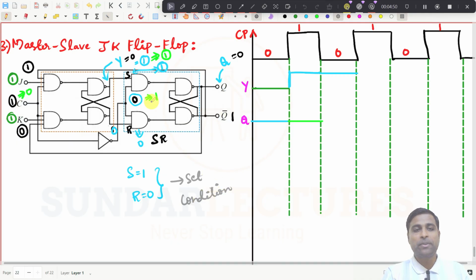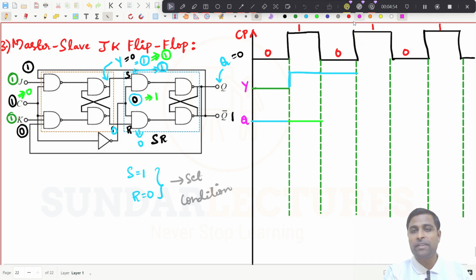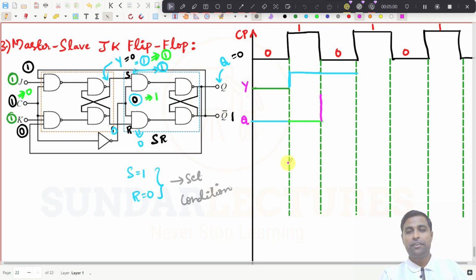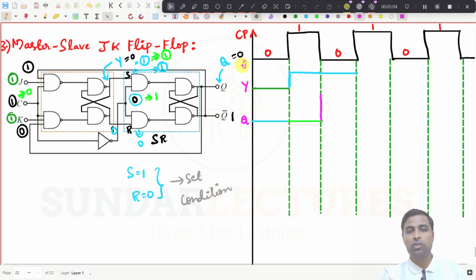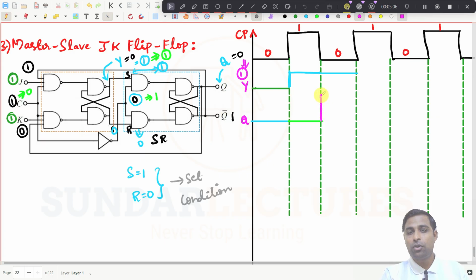So the SR flip-flop is getting a set condition and the clock pulse is also 1 here. So what happens here? This output will be 1, and it will change because this is going to be 1 now. Now I'm just going to change the 0 to 1 here.